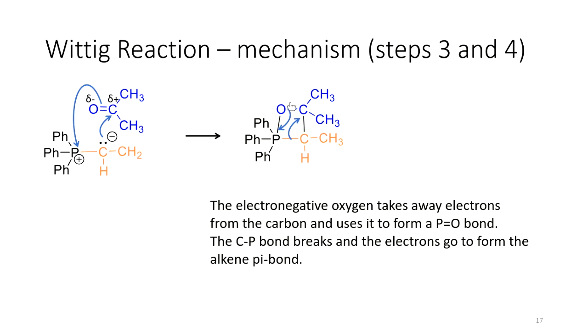So we have the formation of a phosphorus-oxygen double bond and a carbon-carbon double bond. So we are breaking the carbon-phosphorus bond to form a carbon-carbon double bond, and we are breaking the carbon-oxygen bond to form a phosphorus-oxygen double bond. And this reaction occurs simultaneously, or these bonds are being broken and formed simultaneously.